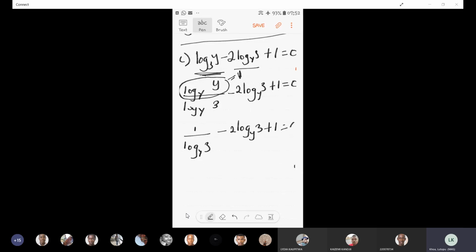This is equal to 0. Then the same thing we always do, multiply the denominator out. So I have 1 minus 2. Then when I multiply this denominator, you will see that that logarithm becomes squared. So I have log base y of 3 squared, and then plus log base y of 3, and this is equal to 0.